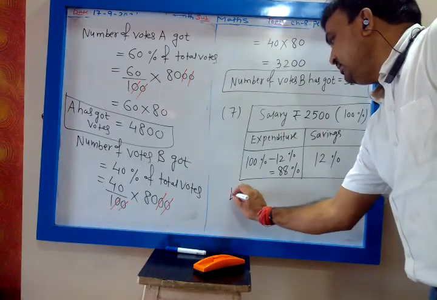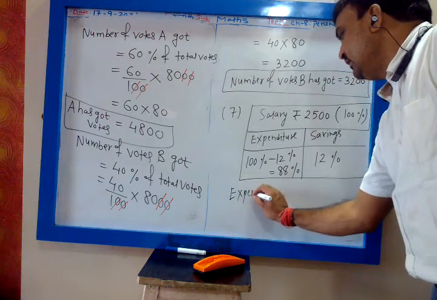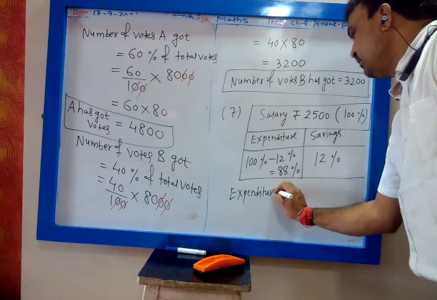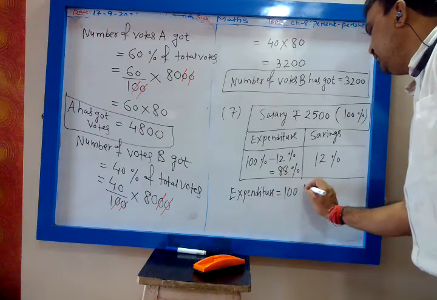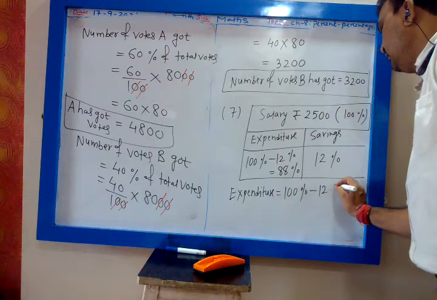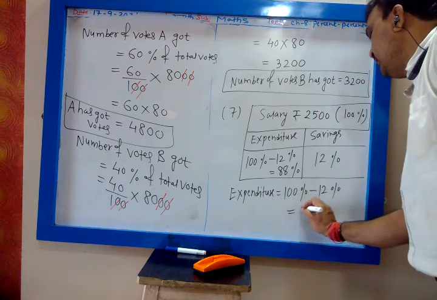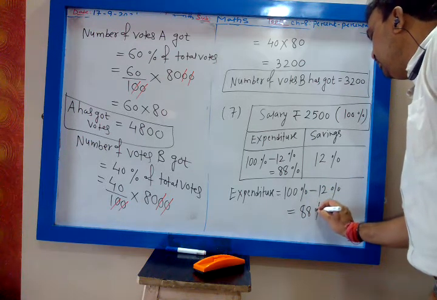So 88% is expenditure. Okay, write down: expenditure is 100% minus 12%, that is 88%.